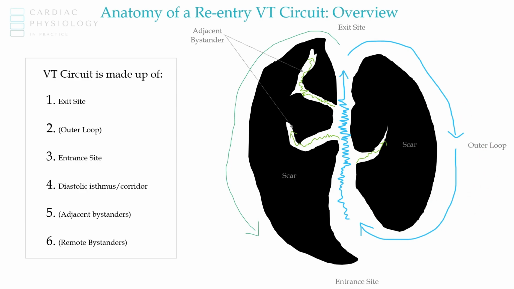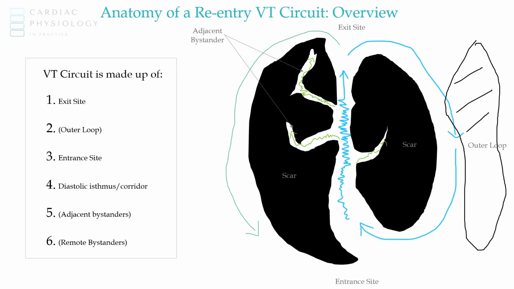Sometimes there's something called an inner loop as well, and that's where you have another scar here. So let's say there's another island of scar, or whatever that physical barrier for conduction is, and then instead of being called the outer loop, this would be called the inner loop, because it's also constrained by scar tissue.